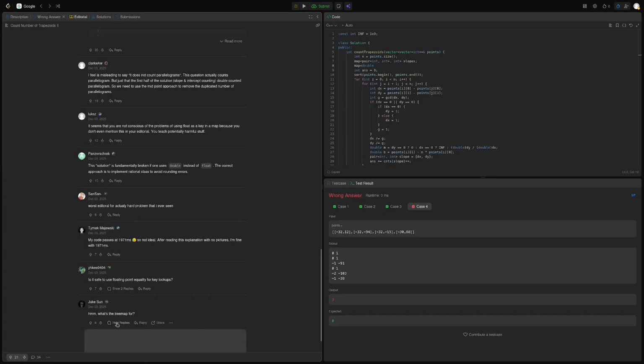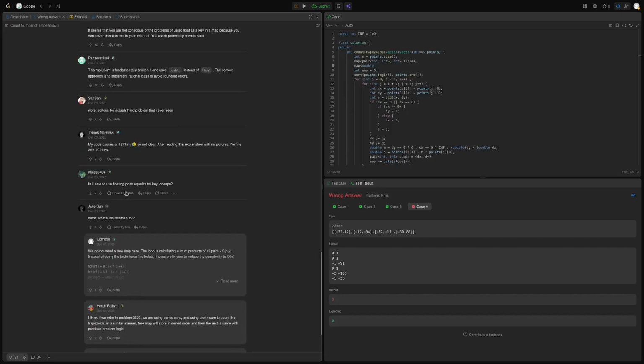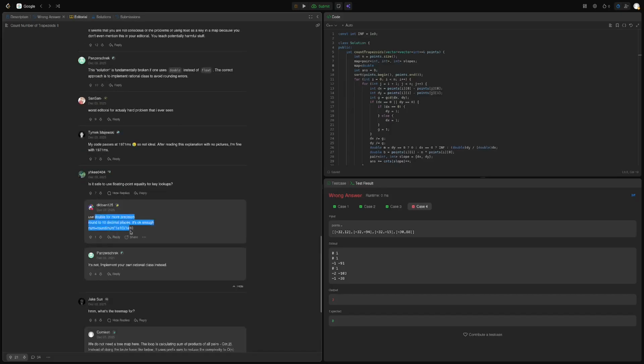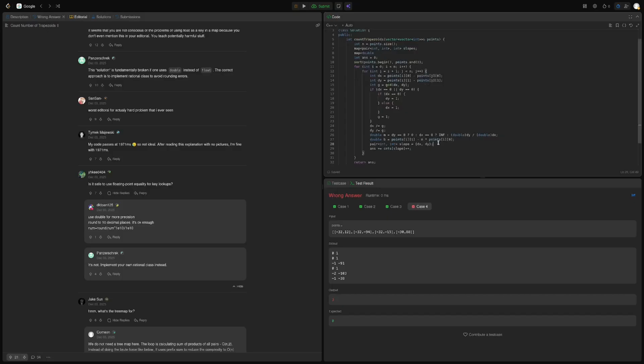Somewhere here this was. Yeah, so round. I mean, I guess we can do that, but let's say we will have a long, and then count. So these are buckets by slope.